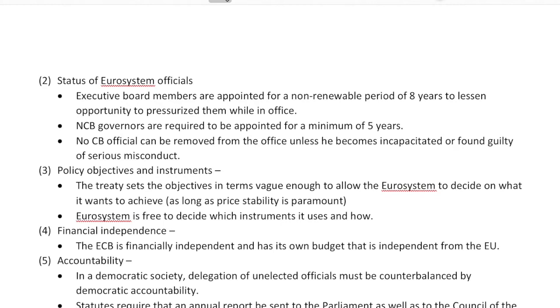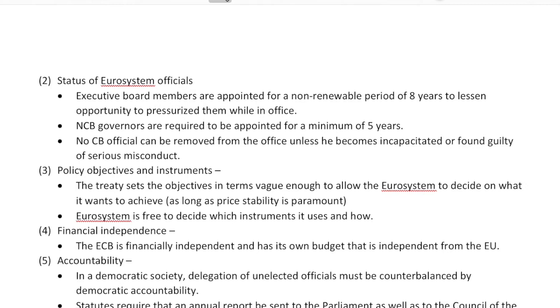So what are some of the policy objectives and instruments that the central bank is allowed to use? Well, the interesting part, and of course, maybe more obvious part, is that the treaty sets objectives in vague terms, because the idea is you want to not tie the central bank's hands in how it should respond to a crisis, because crises evolve, and so responses should evolve as well.